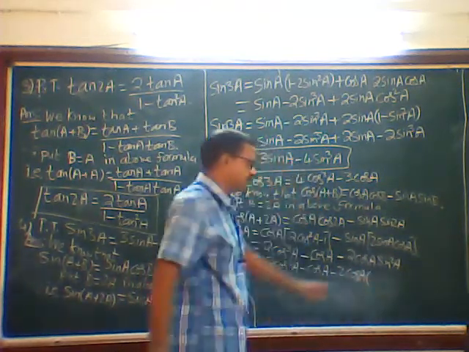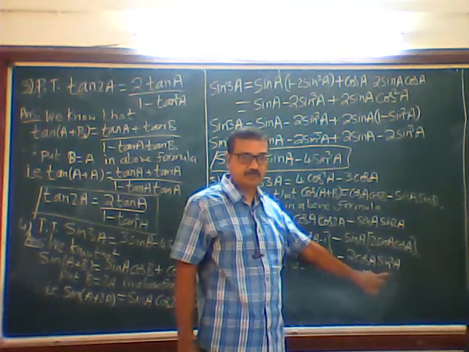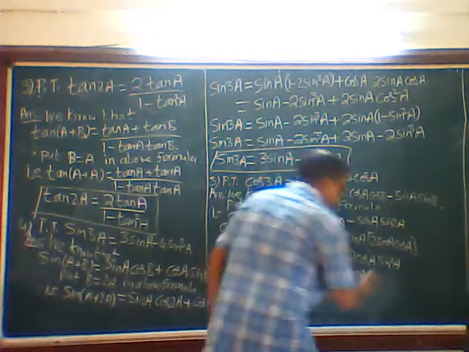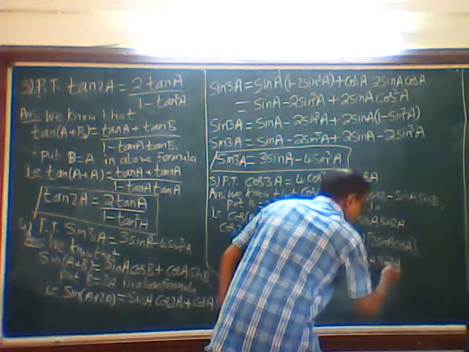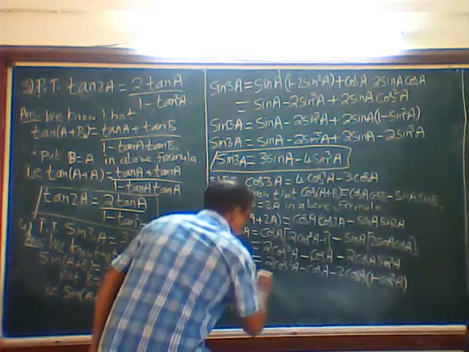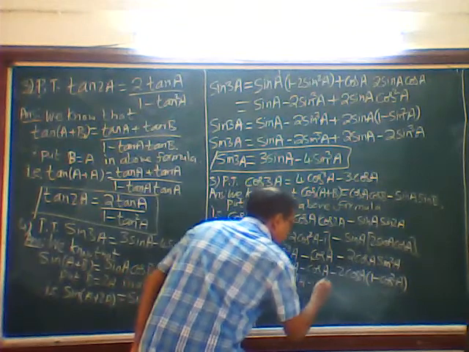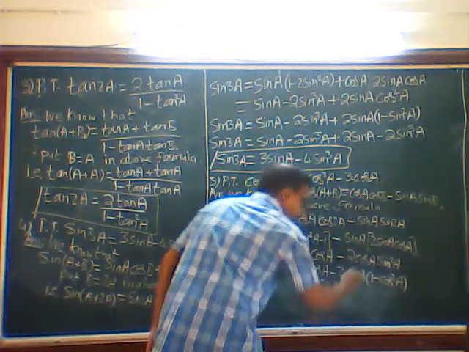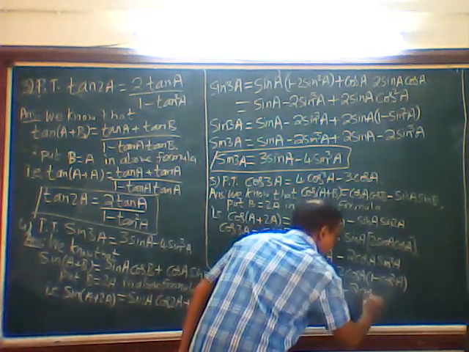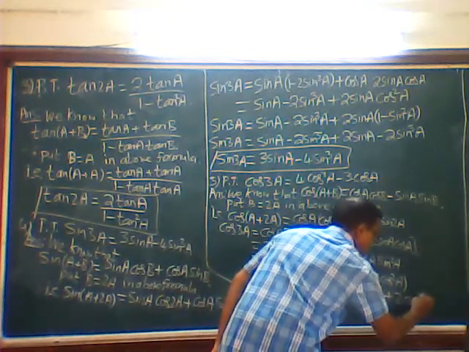Again I don't want this sin square, I want it in terms of cos. Sin square a can be written as 1 minus cos square a. Okay, what will happen? 2 cos cube a minus cos a minus 2 cos a into 1 is minus 2 cos a, minus into minus plus 2 cos cube a.